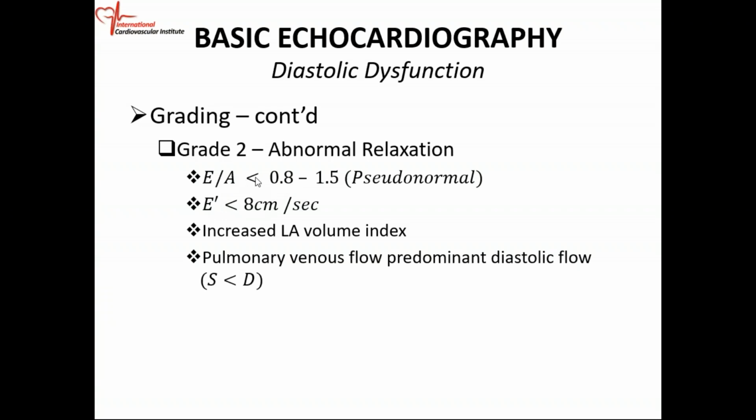You're also going to have E/E prime ratio greater than 15, because now you start having an increase in your left atrial pressure, you're increasing your left ventricular end diastolic pressure, left ventricular filling pressures. Those pressures are going to increase. So your E/E prime ratio is going to be greater than 15.